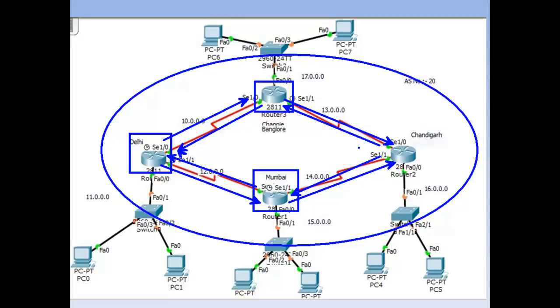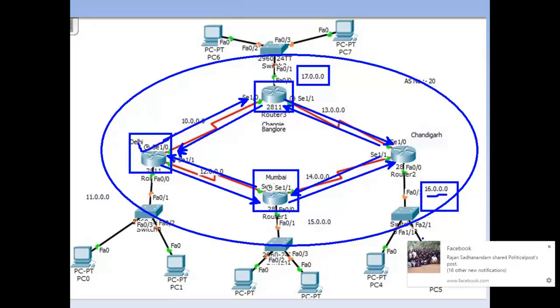You are my neighbor. Okay, I know about this router, says I know about a 16 network to this router. Now this router also sends information that I know something about the 16 network. In a similar way, this router also says to this particular router that I know about the 16 network.